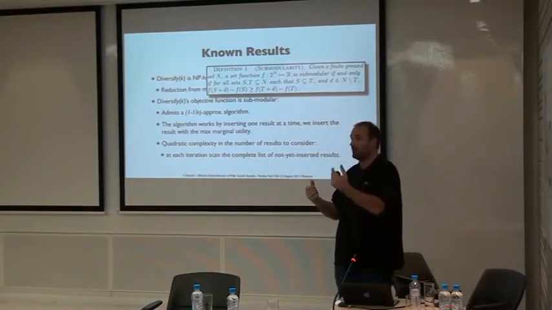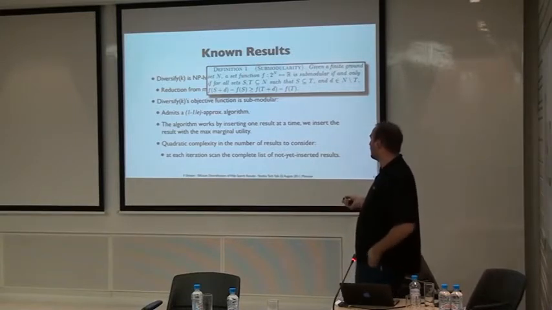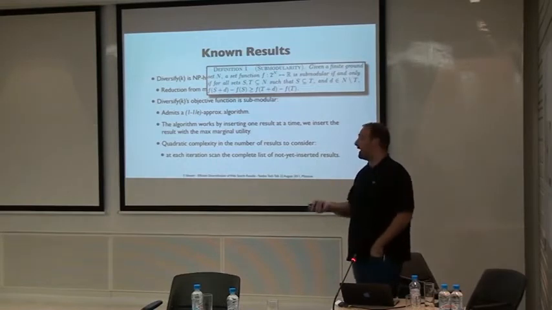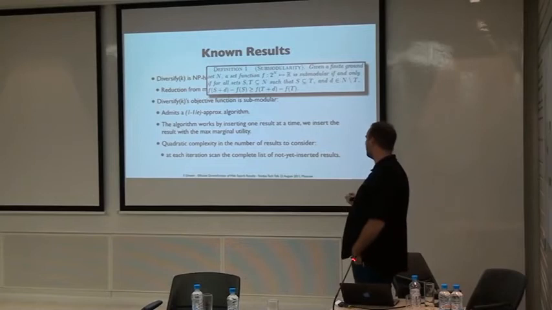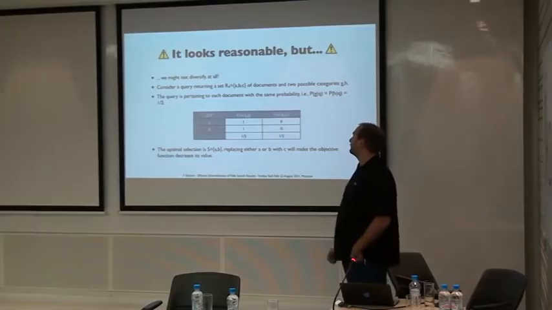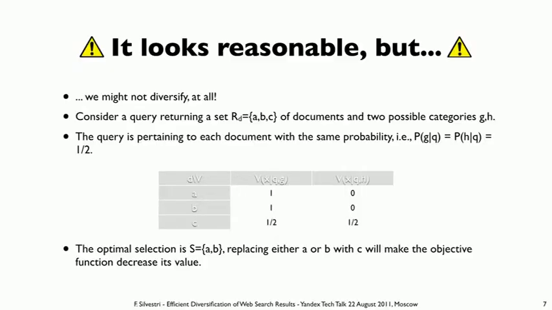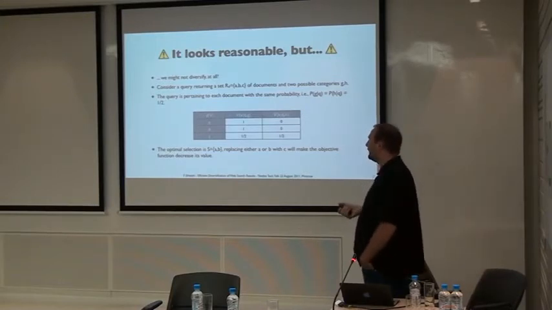Basically, you reduce it from max weight coverage. But the good news is that the previous objective function is submodular. Submodular means basically that if you add an element to the set of results, it's quite tricky to explain.